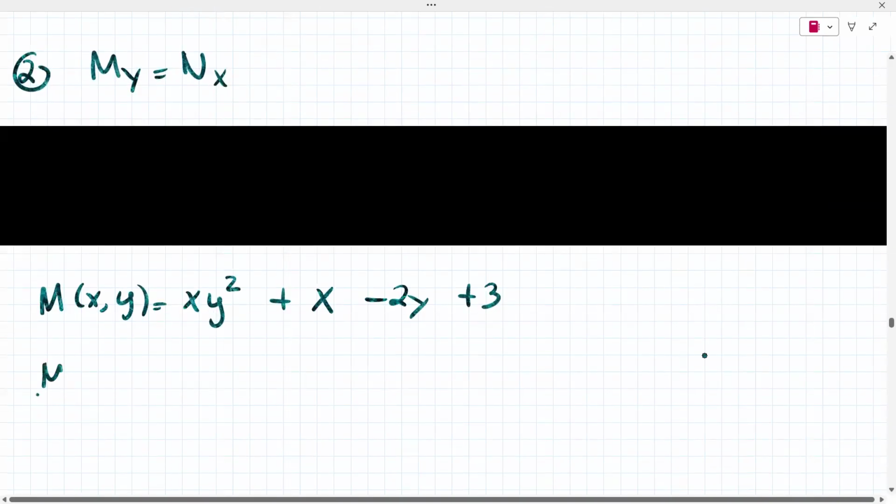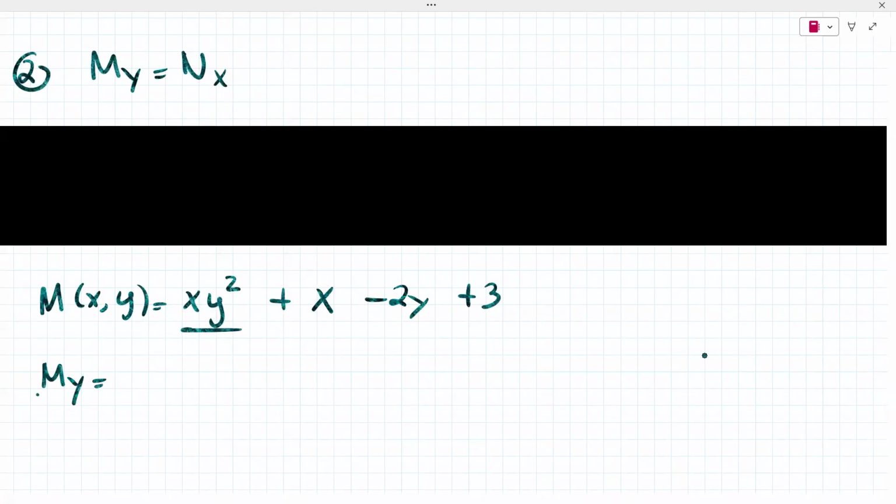Take the derivative with respect to y. Here we have a y squared, so the derivative of that would be 2xy. This does not have a y, so that's like a constant, and the derivative of a constant is 0. The derivative of negative 2y with respect to y would be negative 2, and 3 is a constant.